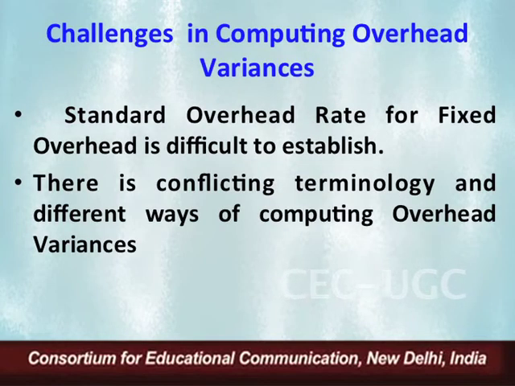Now the question comes, what are the challenges in computing overhead variance? The first challenge while computing the overhead variance in standard costing is that the standard overhead rate for fixed overhead is difficult to establish. The reason is very simple.